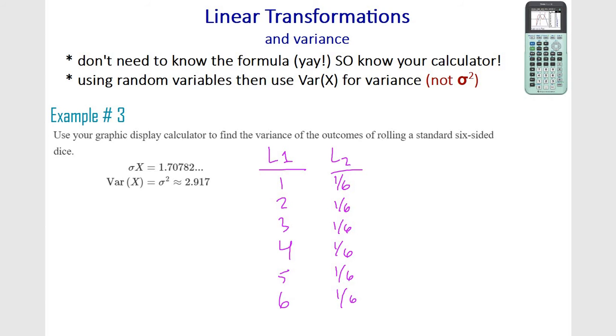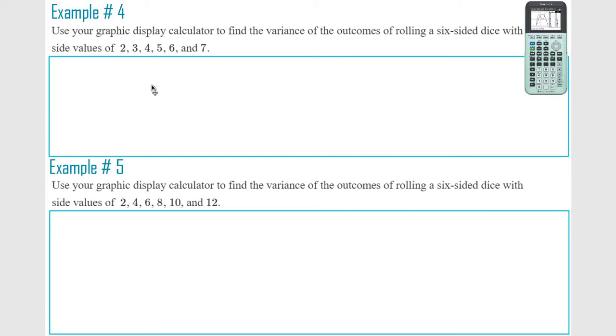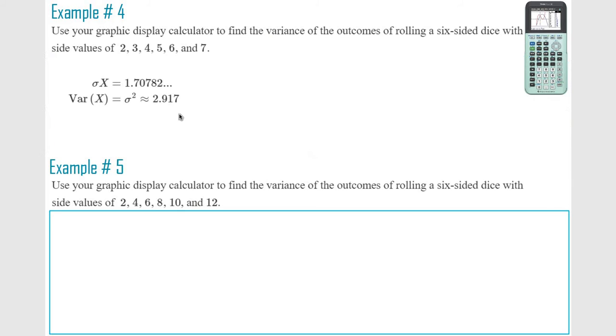So the original variance was 2.9. We do this one in our calculator and we get 2.9. This makes sense because adding and subtracting doesn't change your variance.